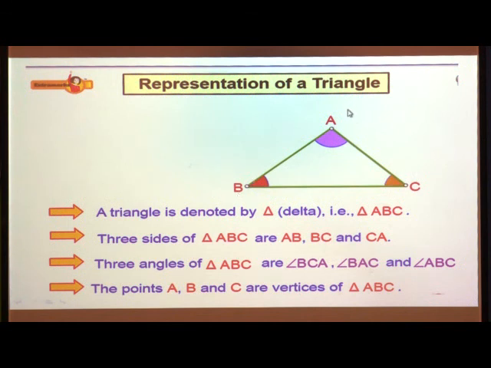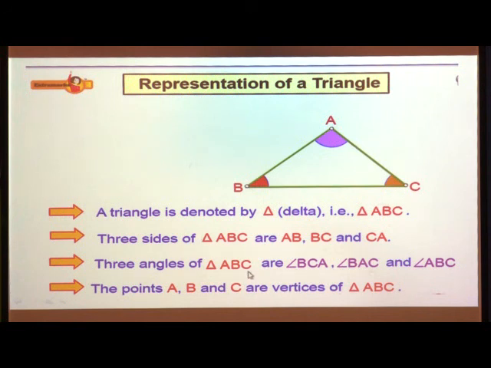So there are 3 vertices, the points A, B and C. The points A, B and C are vertices of triangle ABC. So we have seen a triangle, which is a closed figure, and its components. We denote the triangle by delta and read it as triangle ABC. The 3 sides of the triangle are side AB, side BC and side AC.